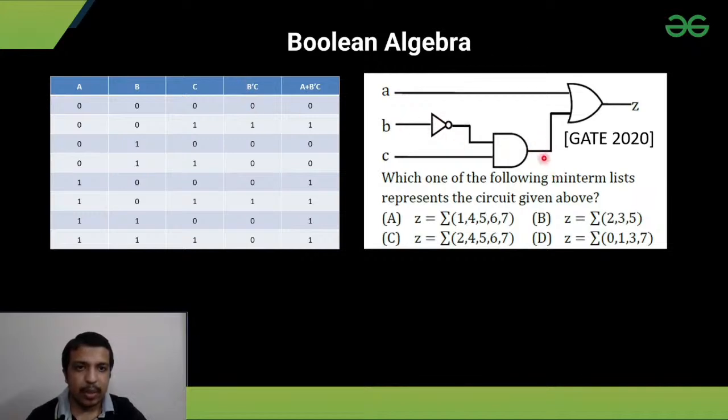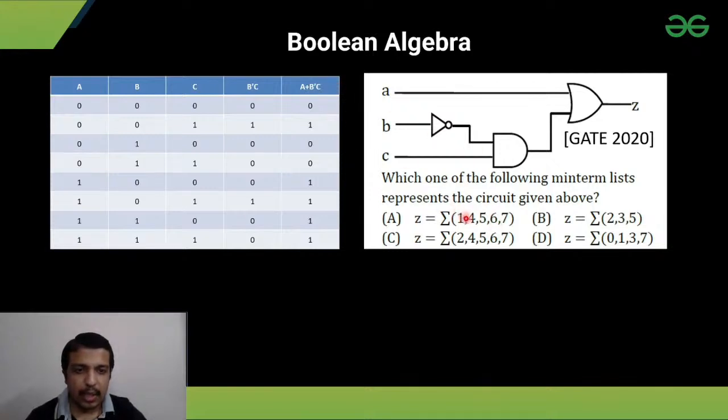Here we will be getting b complement c, and that we are taking OR with a. So the overall expression for z is a OR b complement c. So we get b complement c first, and then we take the OR of a and b complement c.